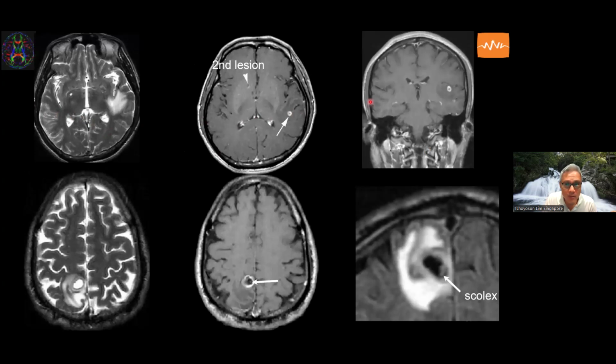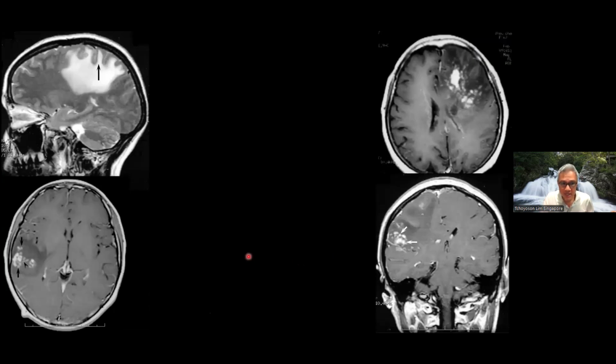One on the top row showing an active ring-enhancing lesion with edema, and a second non-active and a third non-active cystic lesion. In a different patient in the bottom row, sometimes the edematous contrast-enhancing lesion can show us a degenerative scolex.